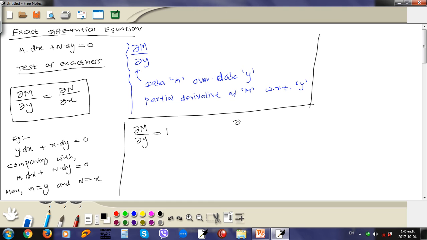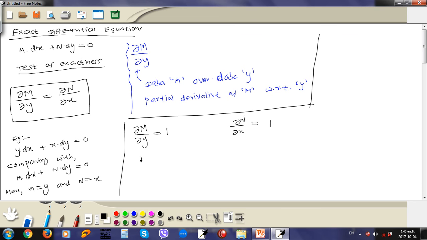And we consider del N over del x: differentiating x with respect to x is also equal to 1.